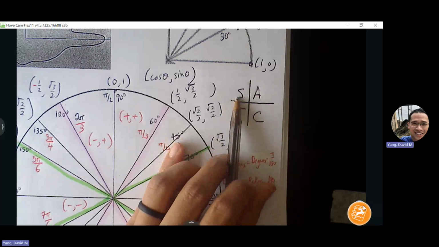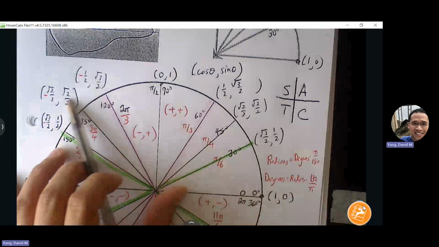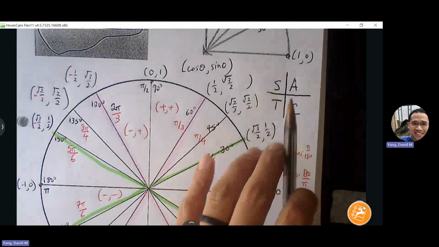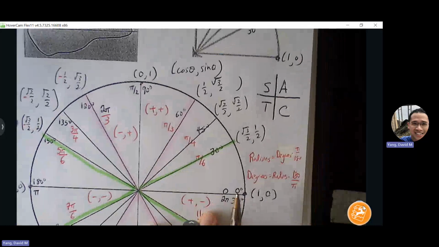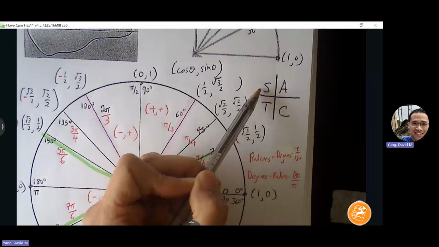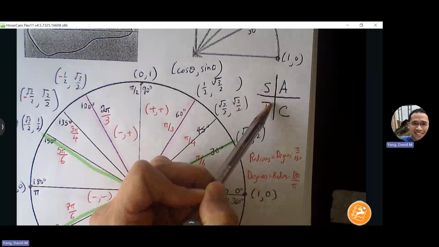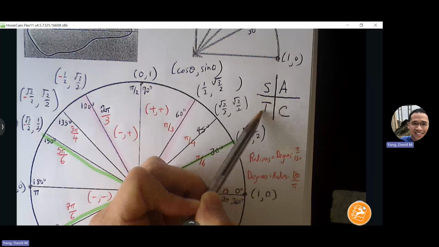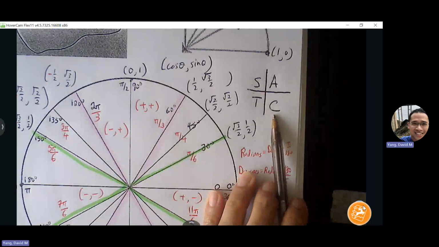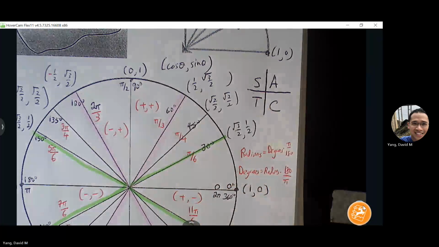So sine is the only positive one in the second quadrant. That means all the y values are positive, right? But your cosine and tangent are negative in the second quadrant. The only thing that's positive is sine and its reciprocal, so sine and cosecant. Here, only tangent and cotangent are positive. Everything else is negative. And then in the fourth quadrant, only cosine and secant are positive. Everything else is negative in the fourth quadrant.